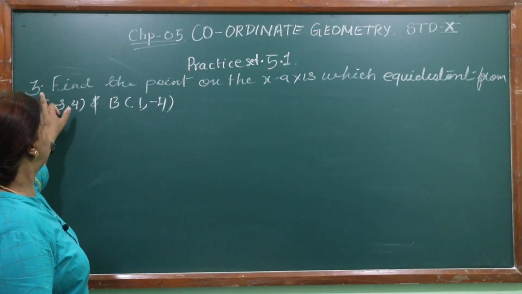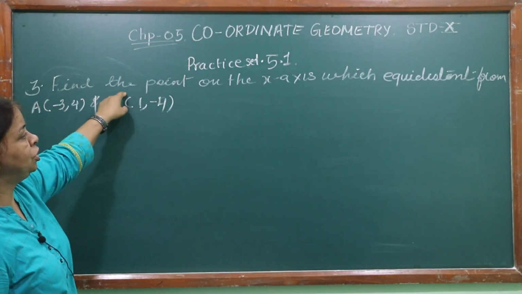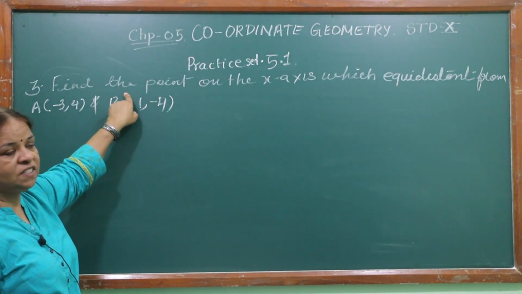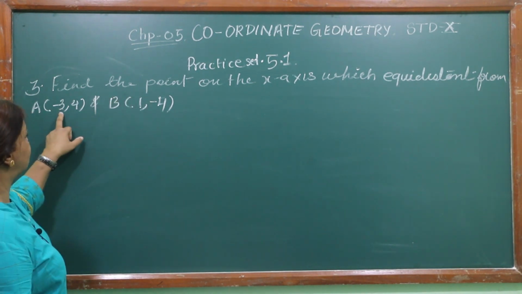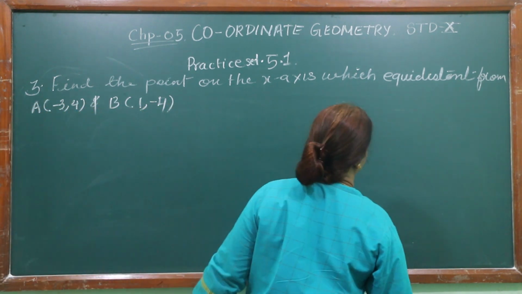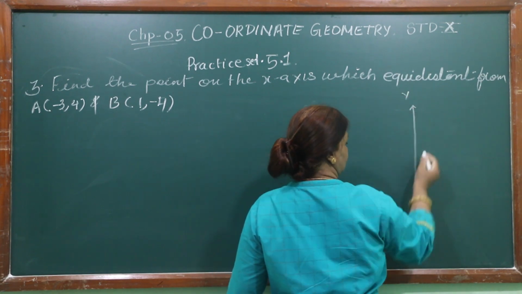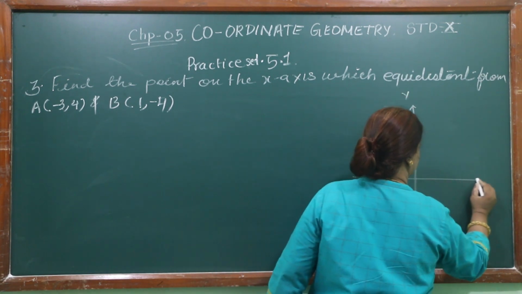Okay, children, question number 3 of exercise 5.1. Find the point on the x-axis which is equidistant from (minus 3, 4) and (1, minus 4). See, this is the y-axis and this is the x-axis.